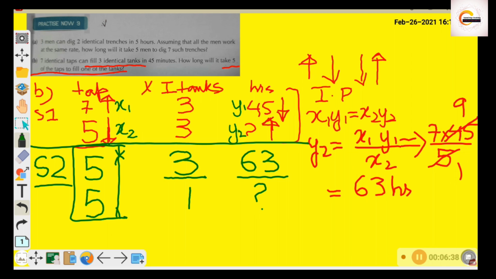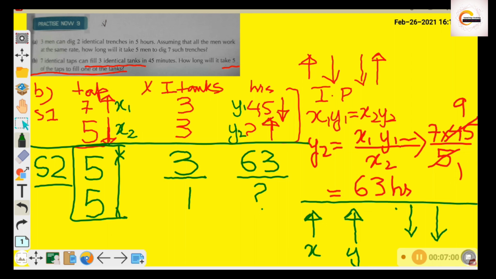So what kind of relationship is this? If there are more tanks to fill, definitely time will increase, and if there are less tanks to fill, definitely time will decrease. What kind of relationship is this?